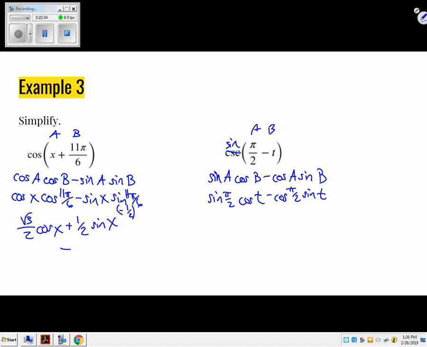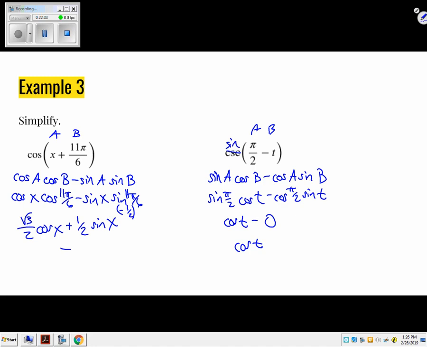Now, sine of pi over 2 is 1, so 1 times cosine t. Minus cosine pi over 2, which is 0, times sine of t. 0, so minus 0. What's cosine of t minus 0? There you go. That's your answer.